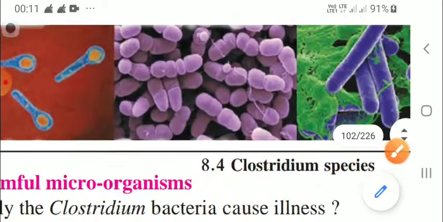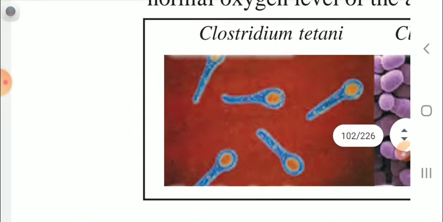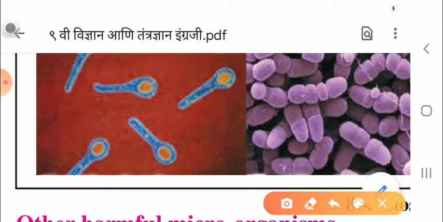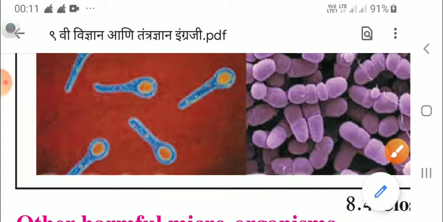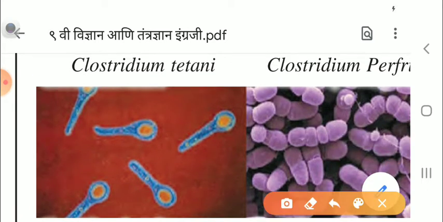Now see the different structures one by one. First is Clostridium tetani. This is Clostridium tetani.